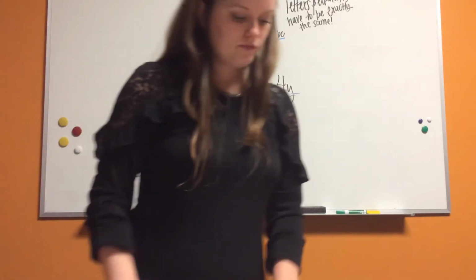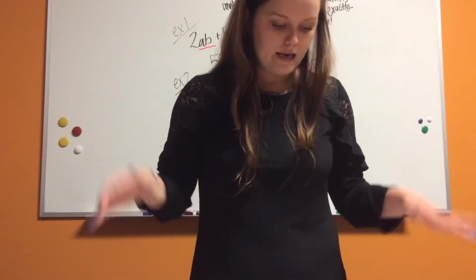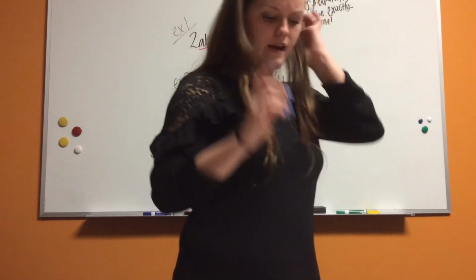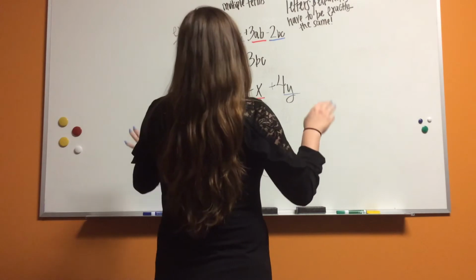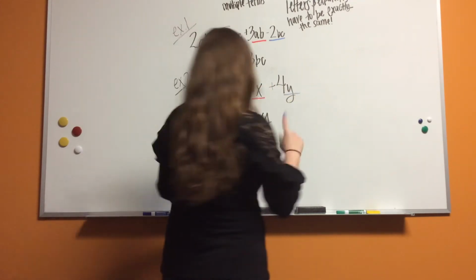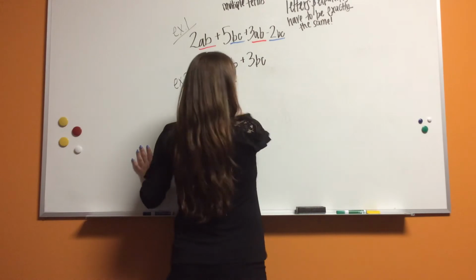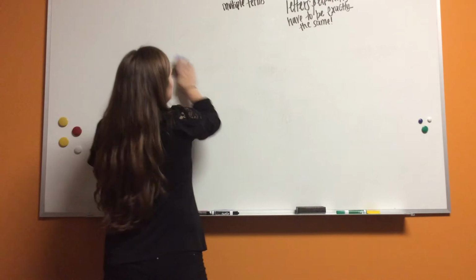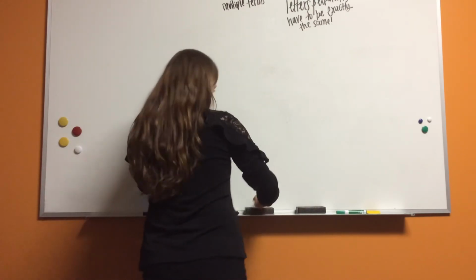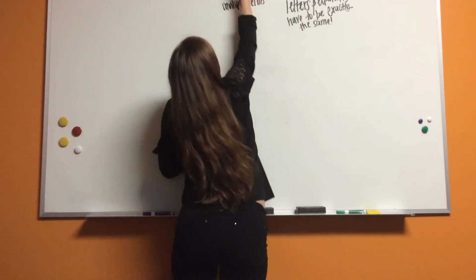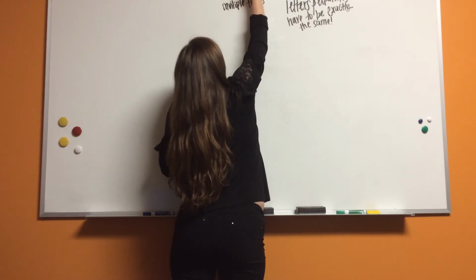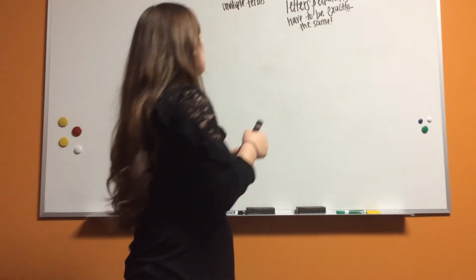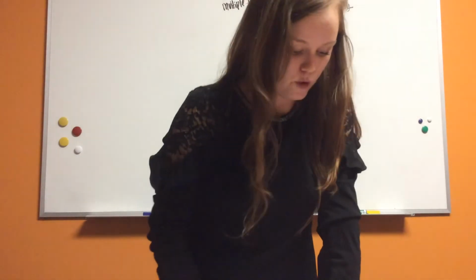Okay, so now we're going to go ahead and move on. Seems like y'all have got a good understanding of that. We're going to go ahead and move on to actually solving algebraic equations, because these are going to have equal signs in it. Okay? So, solving addition and subtraction algebraic equations.